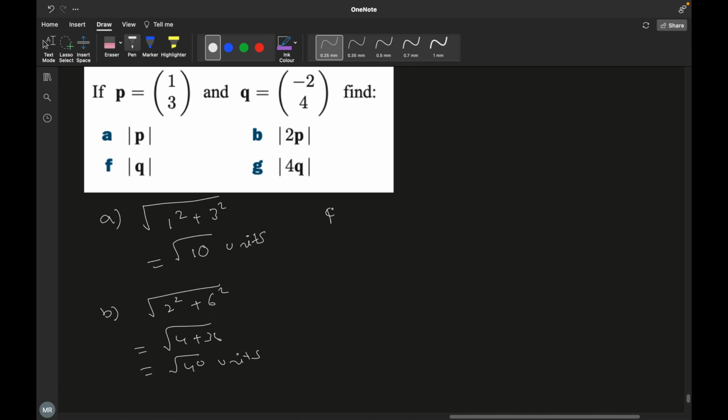And let's do f, magnitude of q, so minus 2 whole squared plus 4 whole squared. We have 4 plus 16, so square root of 20. 4q is minus 8, 16.